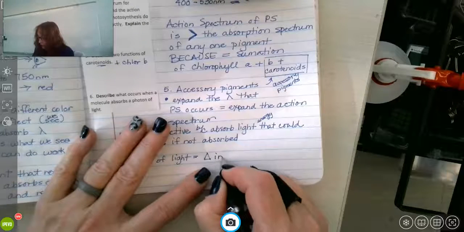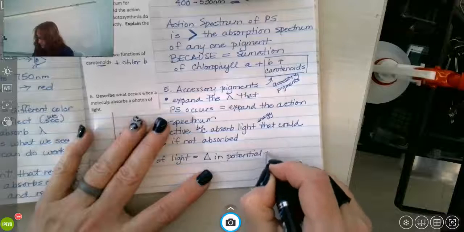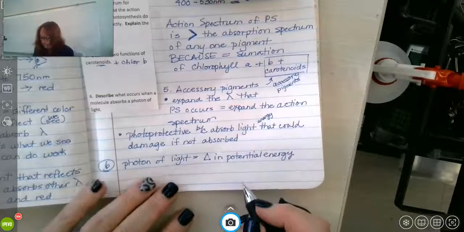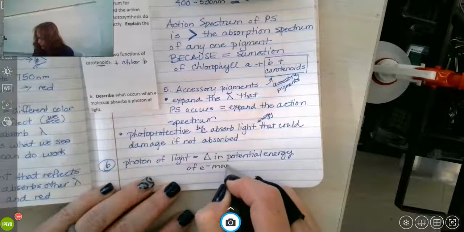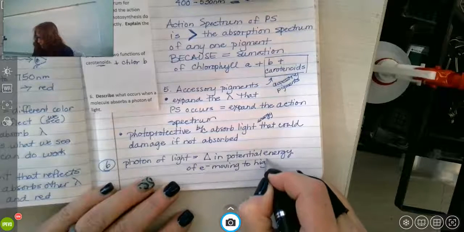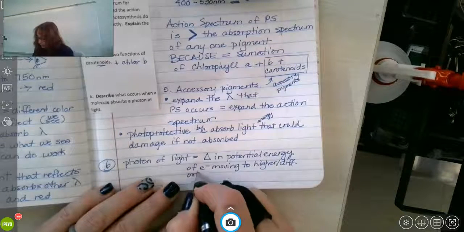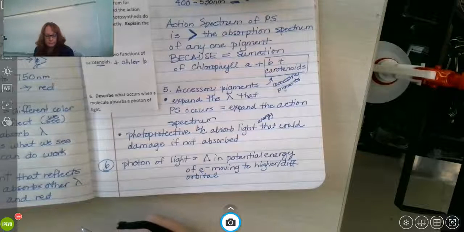So the change in potential energy of electrons, or an electron moving to a higher, different orbital. Does that make sense?